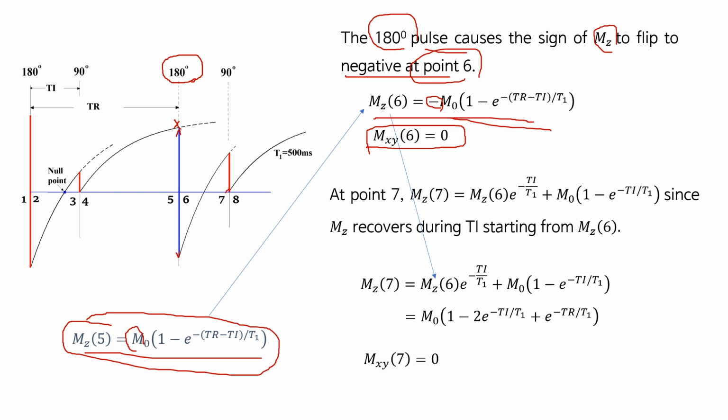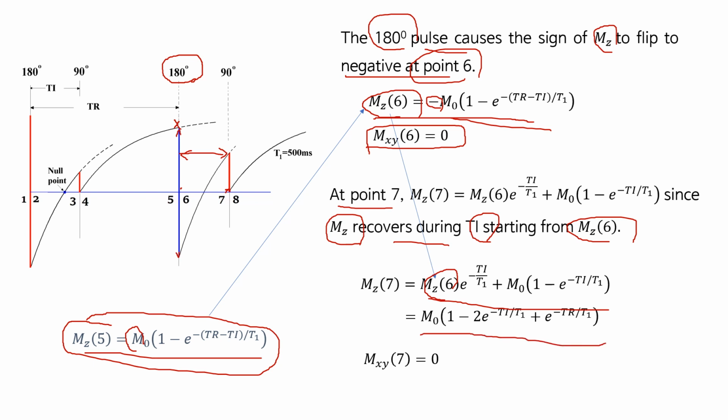At point 7 here, since Mz recovers during a time of TI, right? Starting from Mz6. Okay. So we have this equation, and the Mz6 is given, so we put this here, and we get the expression for Mz at point 7. And at this moment, there is no transverse magnetization.